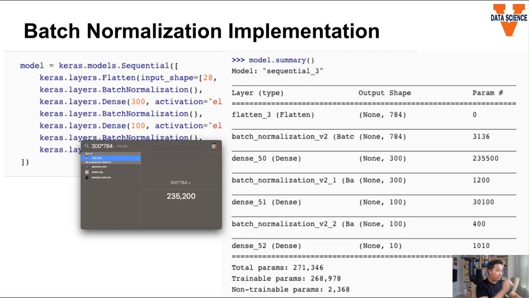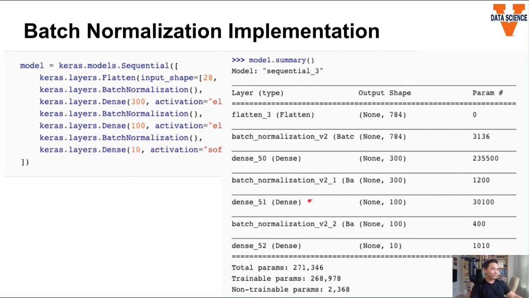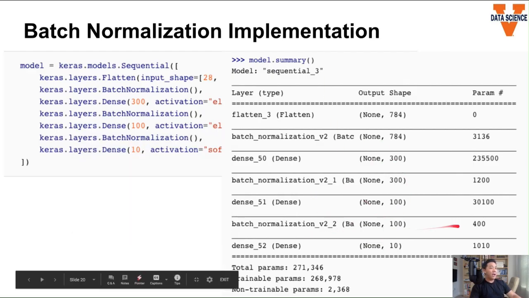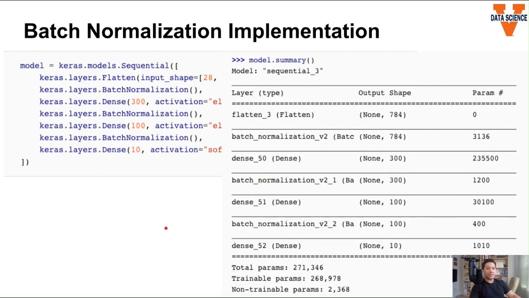So that's 235,200. And you have to add also the bias term. Yes, we still have to remember the bias term, b. So with that, it turns out to be exactly these numbers. That's how you get to this number, by having just the weights and the bias term. And you do so on and so forth. Each of these will have extra parameters compared to your regular neural nets.